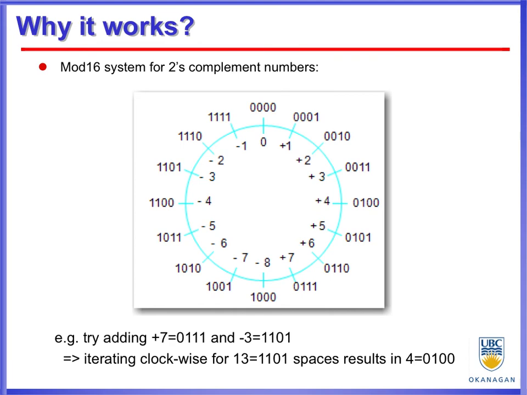In the time we've got remaining, I don't think I'm going to be able to explain this. If you're interested in this and what I mean by mod 16, there's a page in the textbook, I think in the reading at the end of this chapter, especially about this wheel and how it works. It's not critical for our understanding, but if you're interested in why 2's complement works so well, feel free to look at that in the textbook.